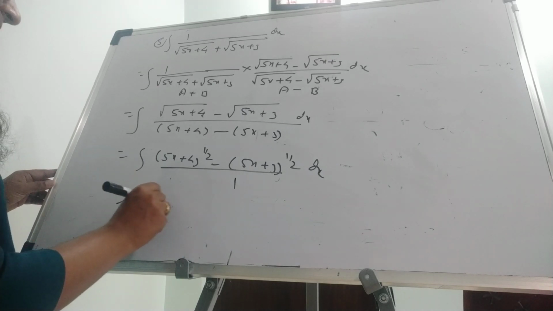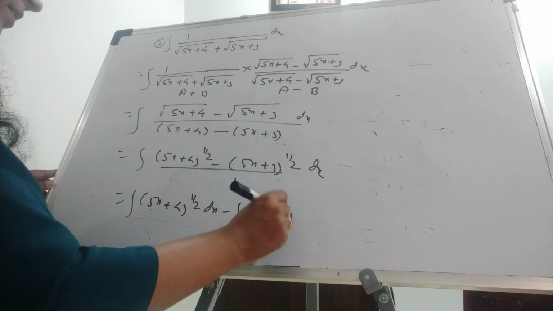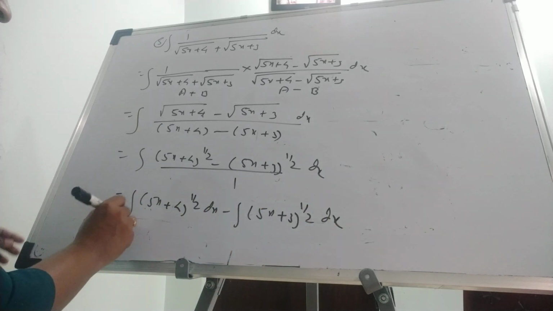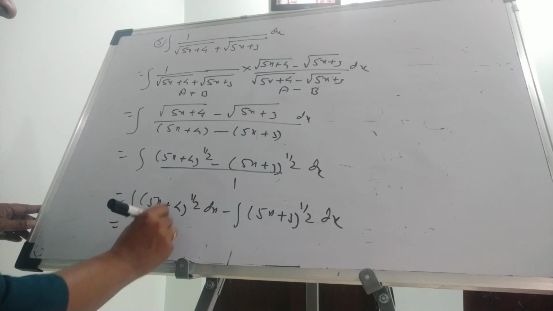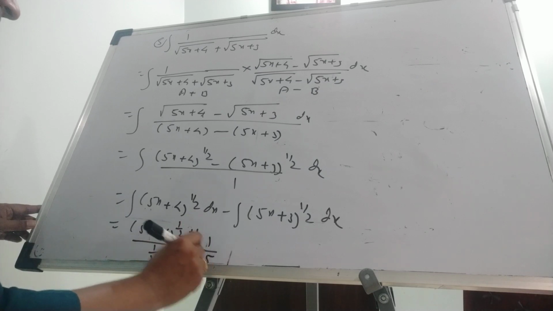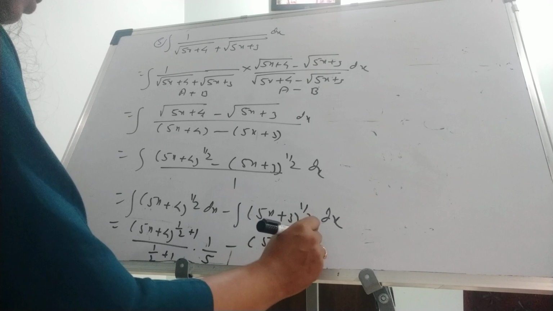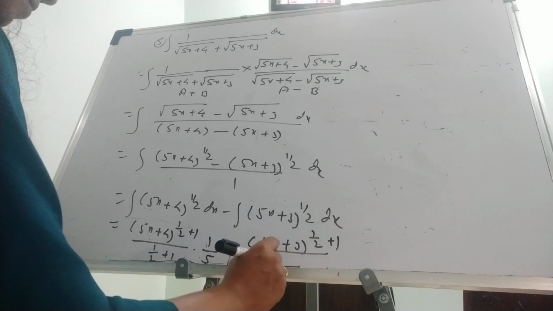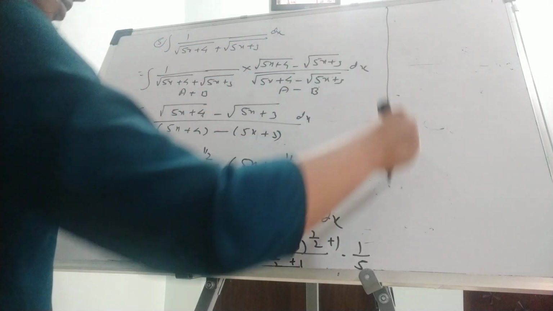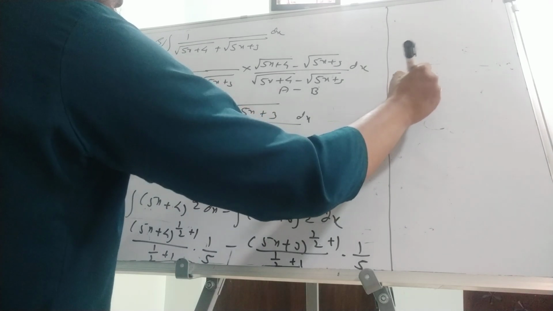Now separately find out integration value using addition form. We separately find out integration value for this. Now ax plus b raised to n plus 1 upon n plus 1 divided by always coefficient of x. Again ax plus b raised to n plus 1 upon n plus 1 divided by coefficient of x. So you may take here half plus 1, that is 3 by 2, common.